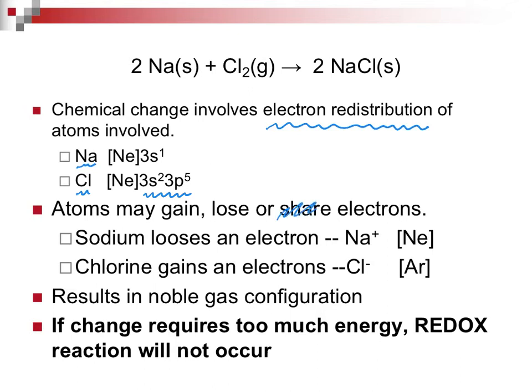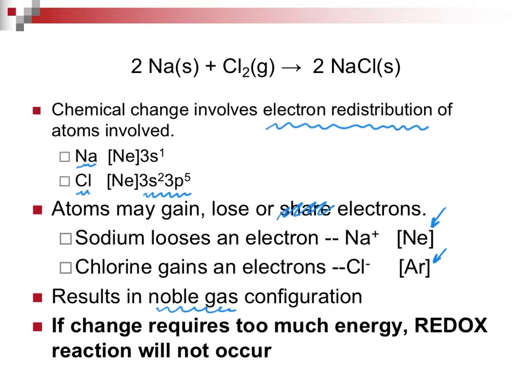Well, it's not sharing here. Sodium is going to lose an electron, and it is going to obtain the neon electron configuration, which is a noble gas, a full shell. Chlorine is going to gain an electron to form the chloride ion, and it is going to form the argon noble gas shell. Again, both of these result in a noble gas configuration. This is an ionic reaction. So that's what you've seen so far.